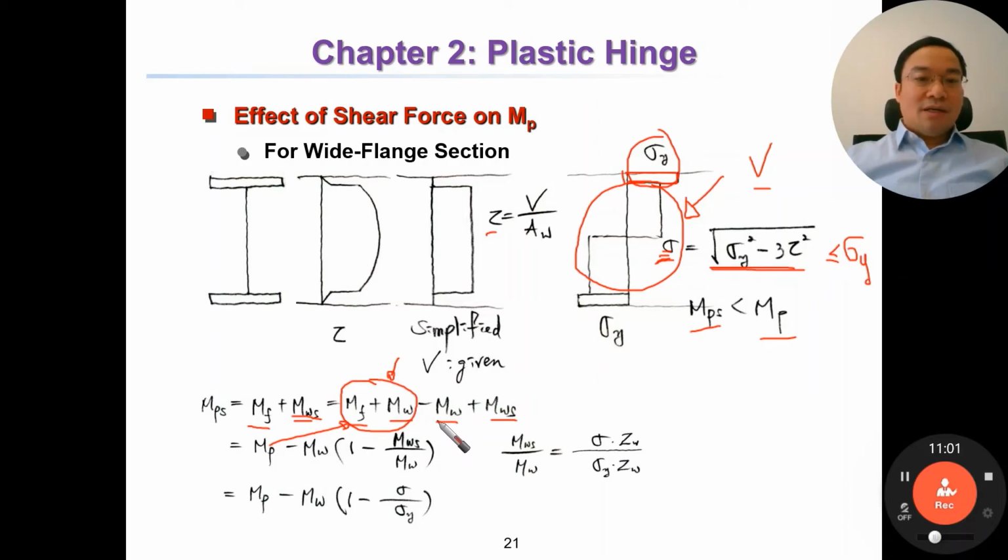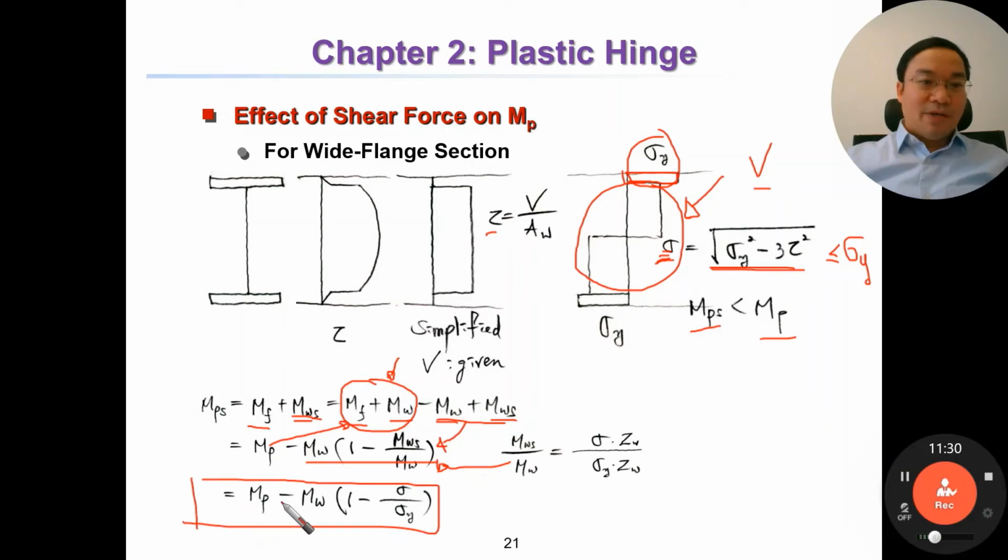Then this part can be rewritten to be this, and because MWS equal to sigma multiplied by ZW, and MW equal to sigma y multiplied by ZW, then we replace this one to here, then we have this equation: MPS equal to MP minus MW multiplied by 1 minus sigma over sigma y.